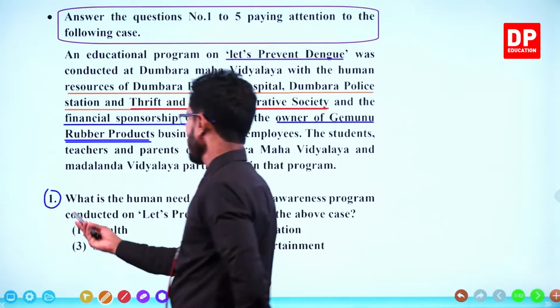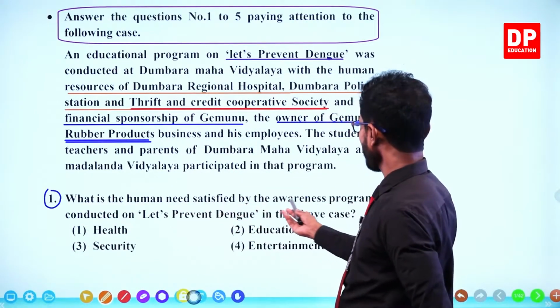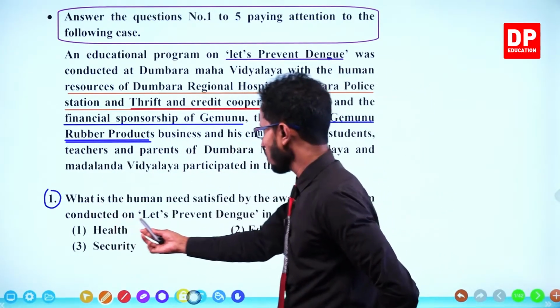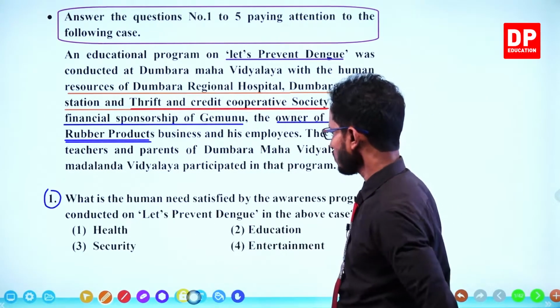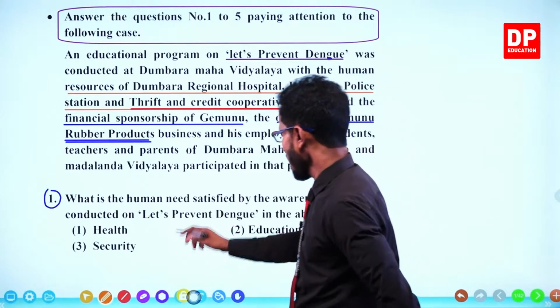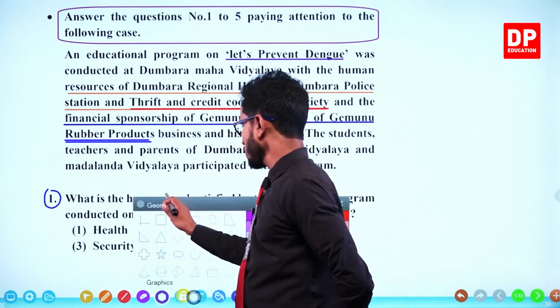Question number 1. What is the human need satisfied by the awareness program conducted on Let's Prevent Dengue in the above case? What is the human need? Now they are asking for the need, children, not the want.